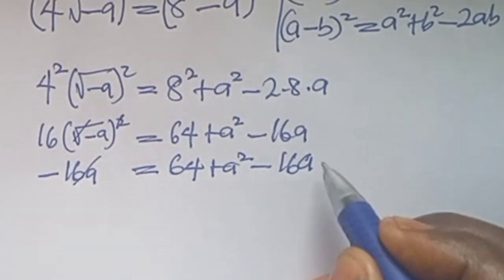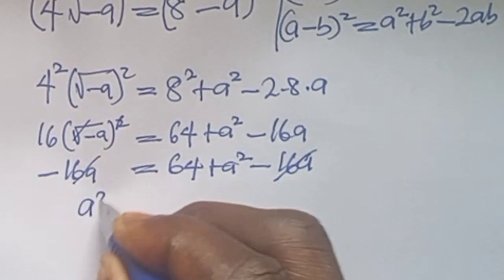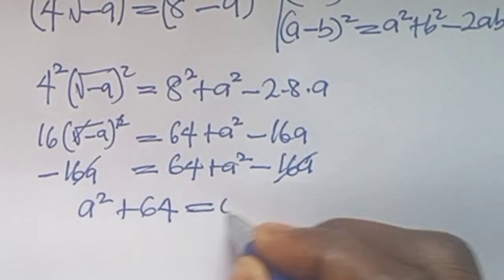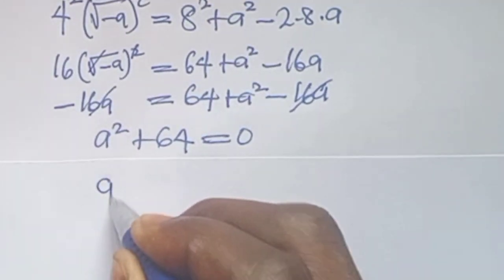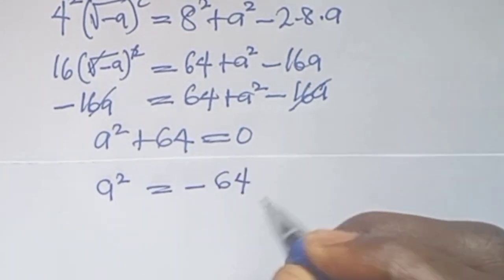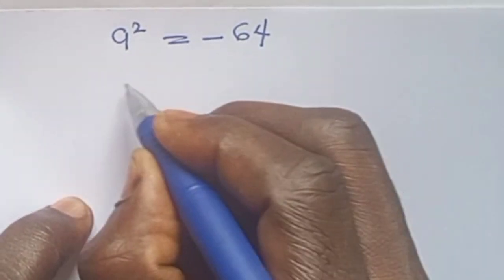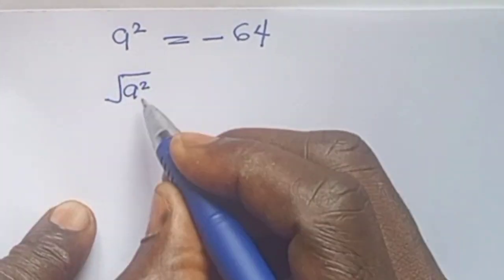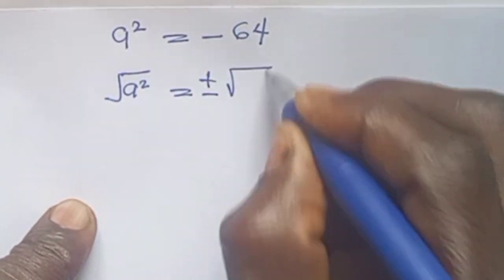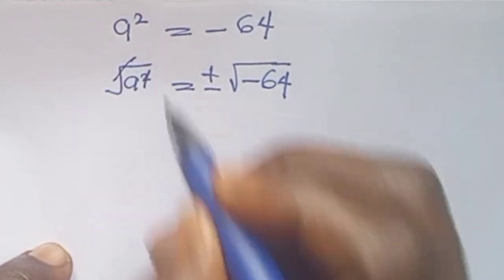So that minus 16a can cancel out from both sides, and our equation remains a to the power of 2 plus 64 equals to 0. A to the power of 2 therefore can be written as minus 64. Taking the square root of both sides, that is, square root of a to the power of 2 is equals to plus or minus square root of minus 64. And if we do this very well, the square root and square will cancel out.